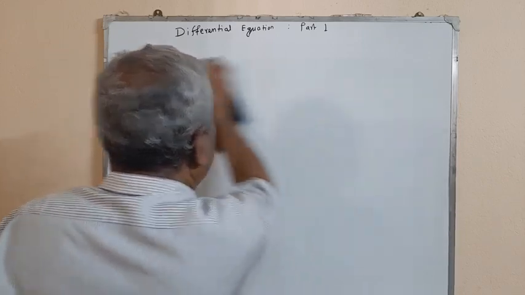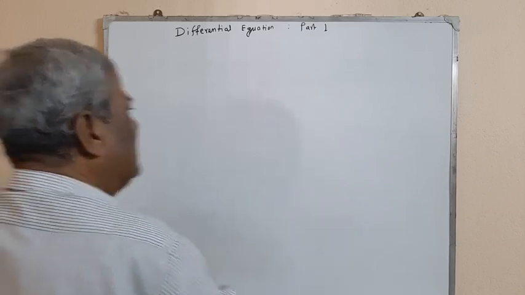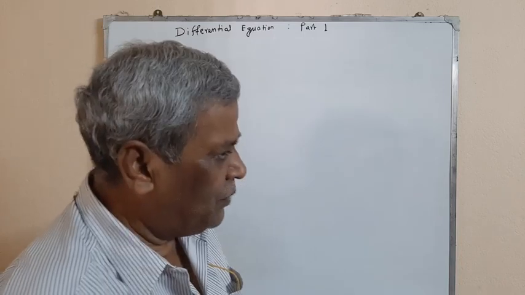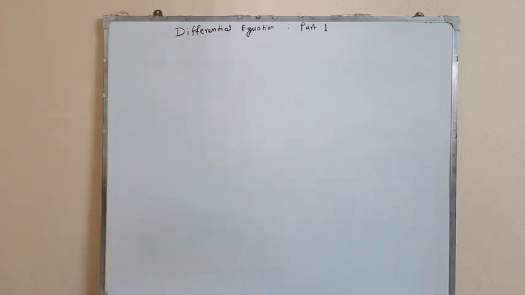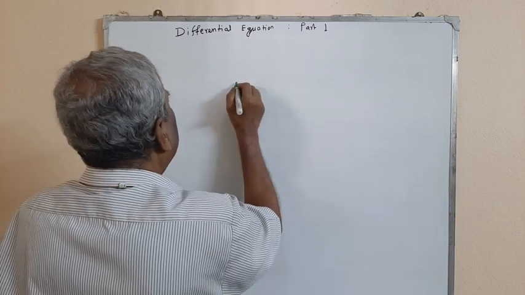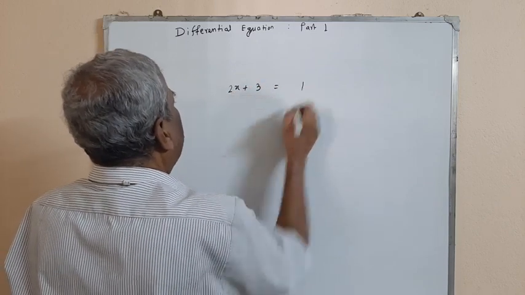How to obtain it? Like an ordinary algebraic equation, solution of an equation means we have to find the value of the unknown variable. For example, say 2x plus 3 is equal to 1.